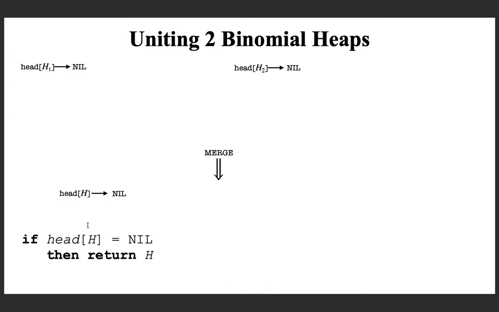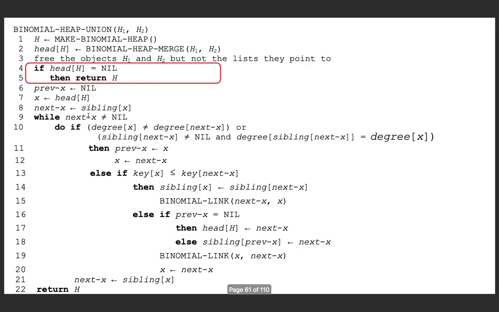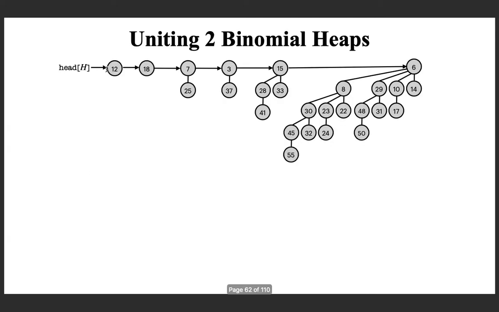That is, after merging, if that list is empty, then you don't have to do anything, because no trees were there in both the lists, so you can just return an empty list, and that is the next part of the algorithm. So after you merge, suppose the resulting merged list is empty, you just return, nothing to do.